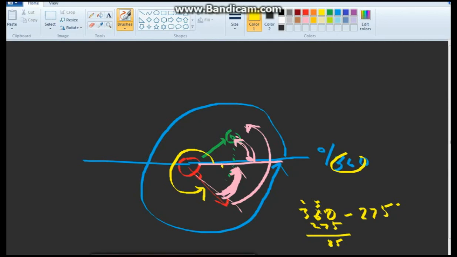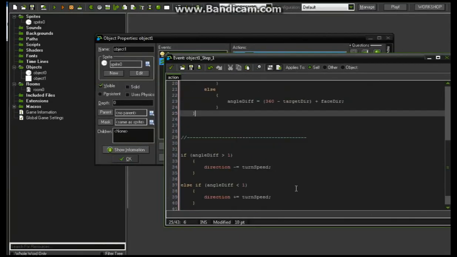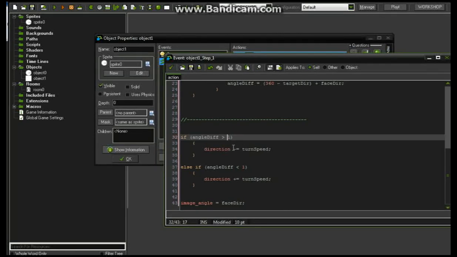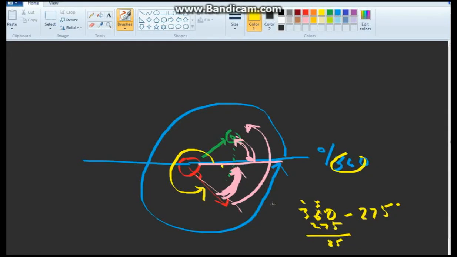Now, remember our rule said if we get a positive number, let's go down here. If our angle difference is positive, we want to subtract from our turn speed, right? But if we were to do that, he would just rotate back this way because we're subtracting from our angle. And we don't want that. So what we do is we multiply our 85 times a -1.